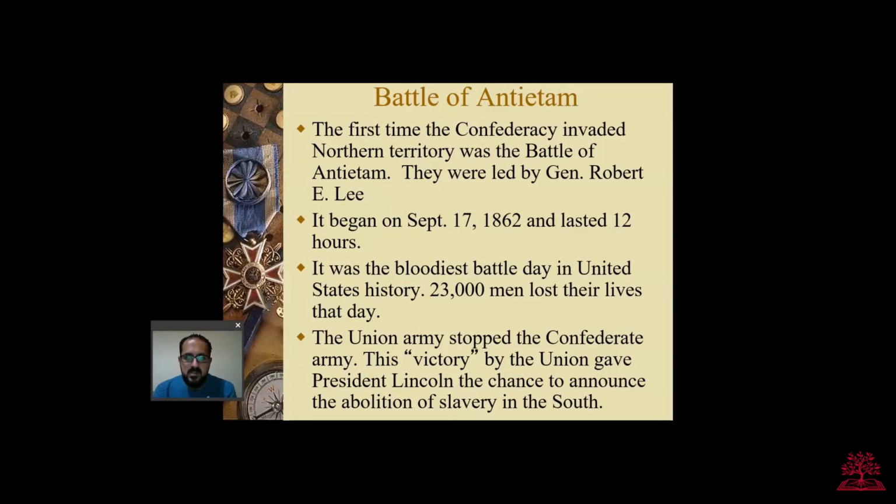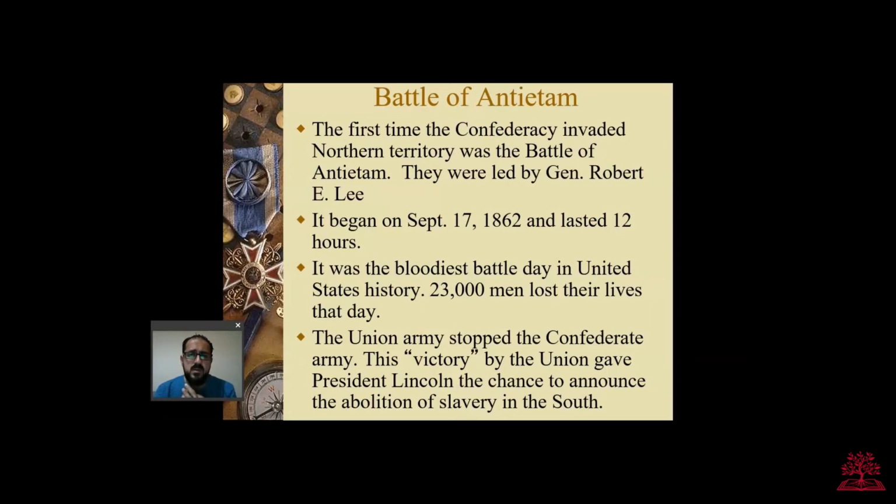Okay, so after this battle, now remember the importance of this battle. We have many points. First, it was fought on Northern Territory, not Southern Territory. Second, it was very bloody because 23,000 men died that day, and the Union won.